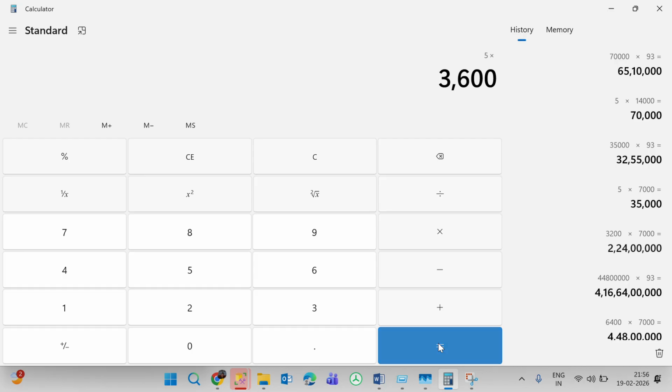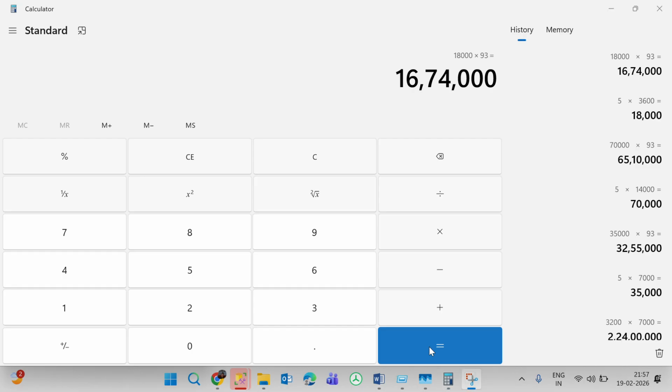In standard edition we have to pay $18,000. If we convert this into Indian rupees at 93, we get 16 lakh 74,000 rupees for standard edition.